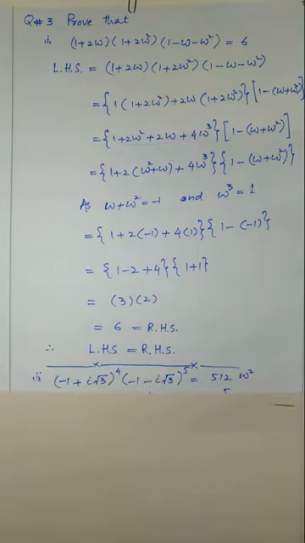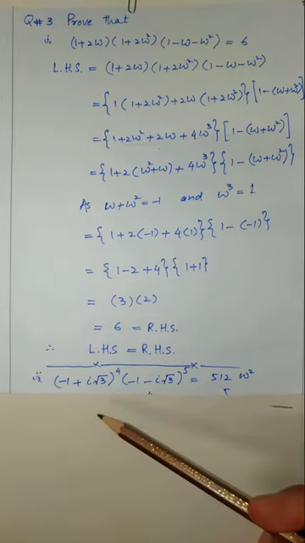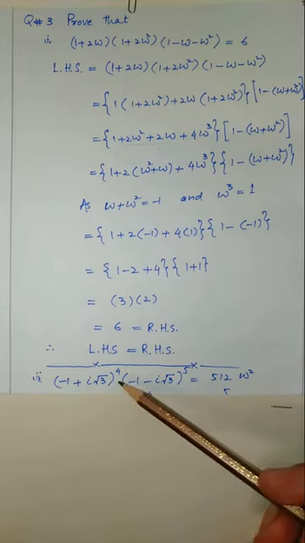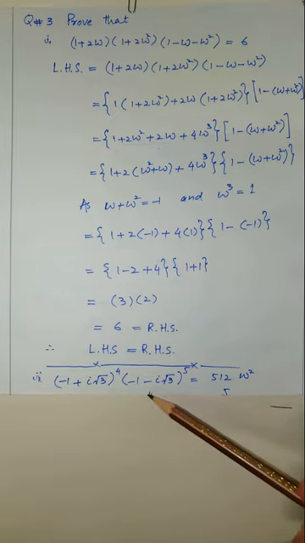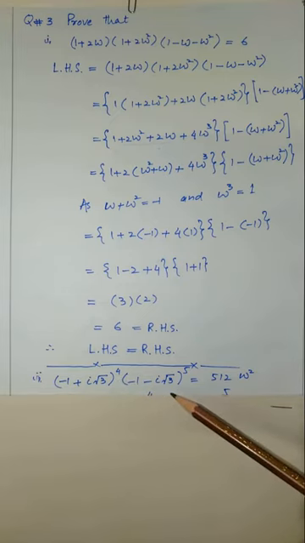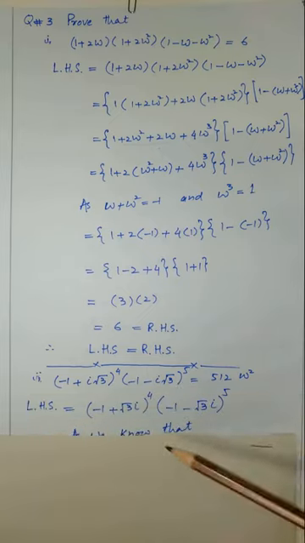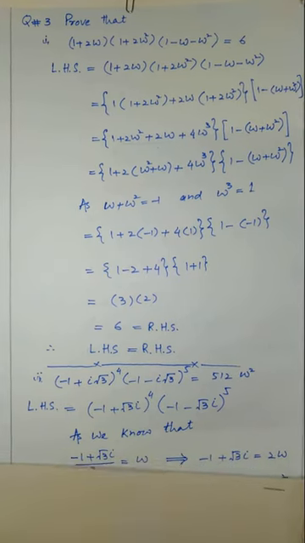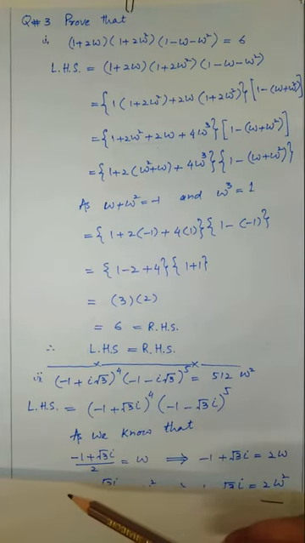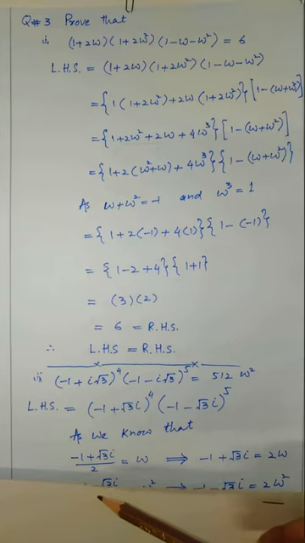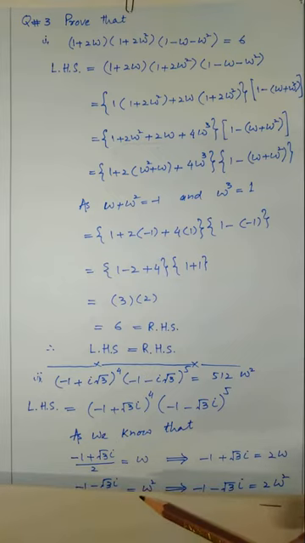Now the next part, number 2, is given: (1 minus iota root 3) power 4 minus (1 minus iota root 3) power 5 is equal to 512 omega square. Now taking the left hand side, as we know that (minus 1 plus root 3 iota) divided by 2 is equal to omega.